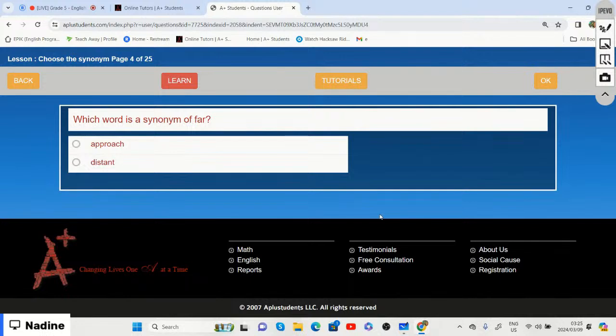Far. All right, and if we choose the word that is the same as far, then we can say it is distant.